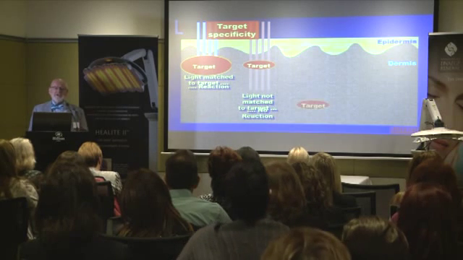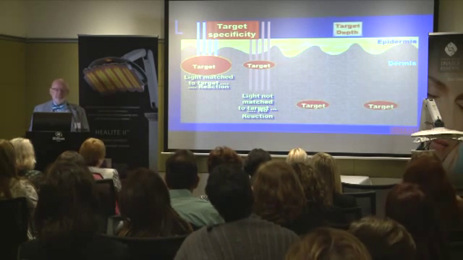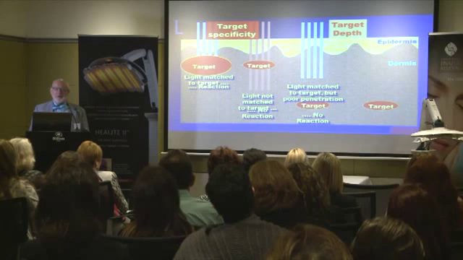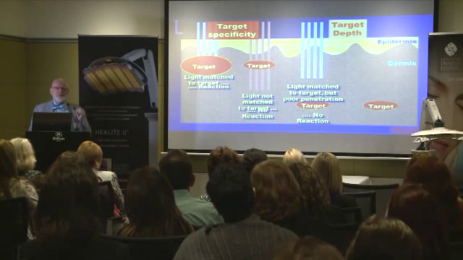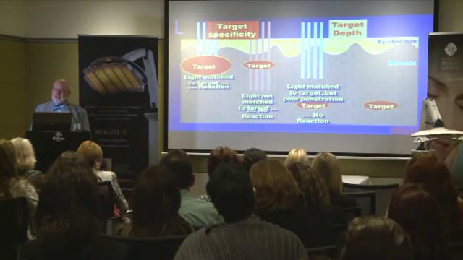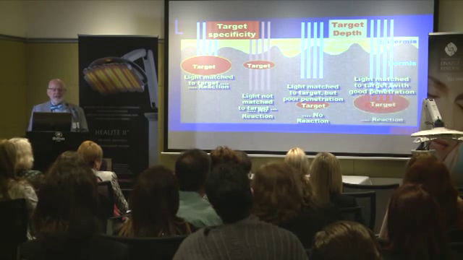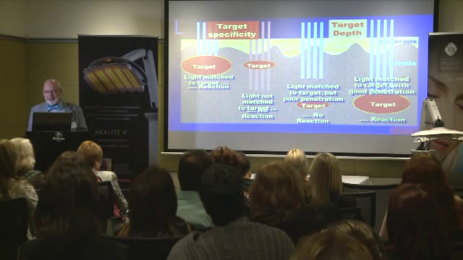Now, if we take these same targets and place them deeper in the dermis and we use the same light, we find no reaction because there's not enough oomph to the light to get it down to the target. So if we add that intensity, we reach the target, there's absorption, and we get a reaction.